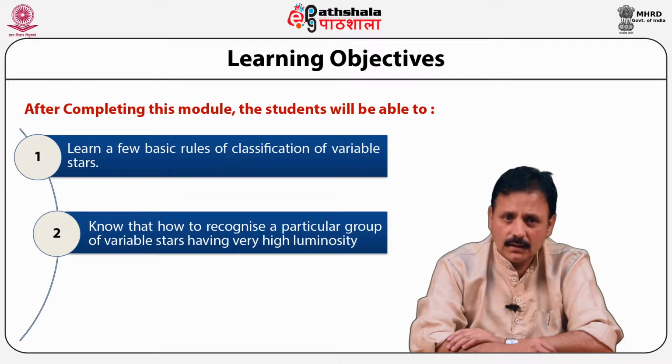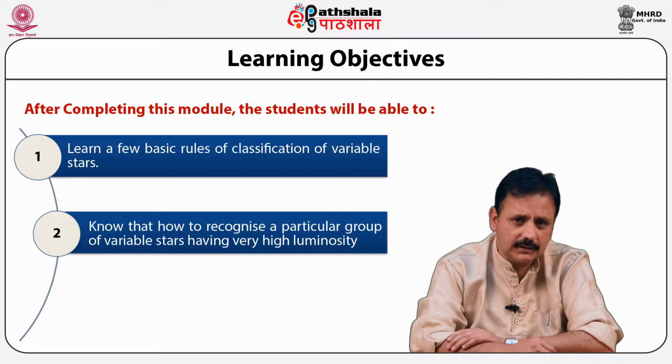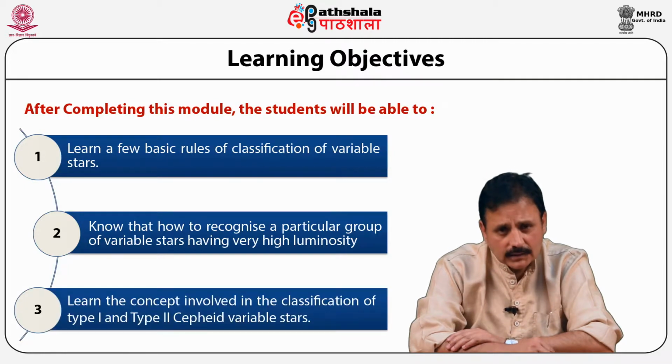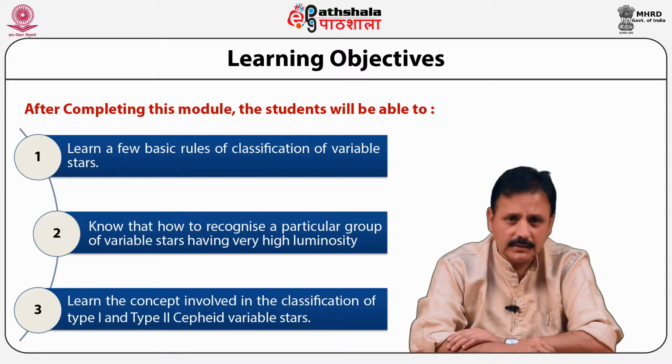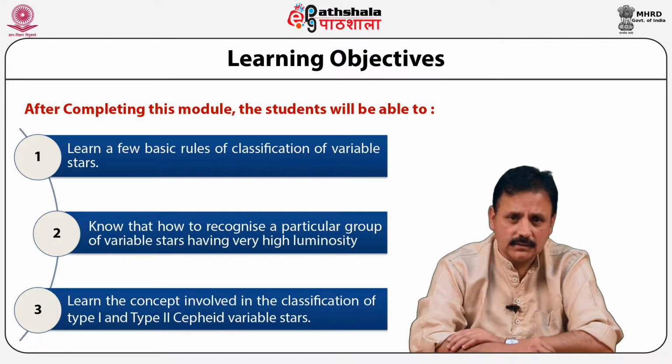to know how to recognize a particular group of variable stars having very high luminosity, to learn the concept involved in the classification of type 1st and type 2nd Cepheid variable stars.